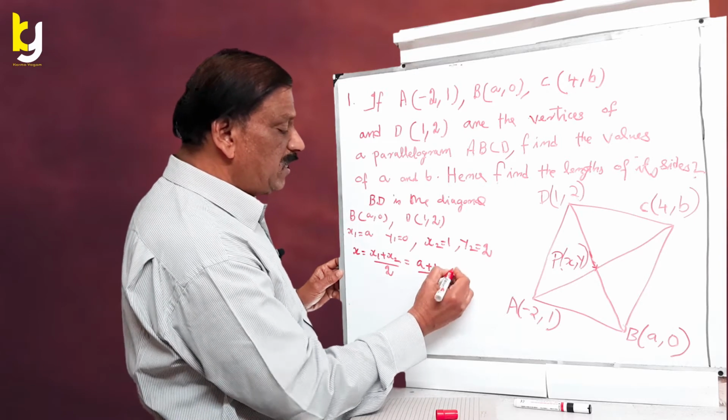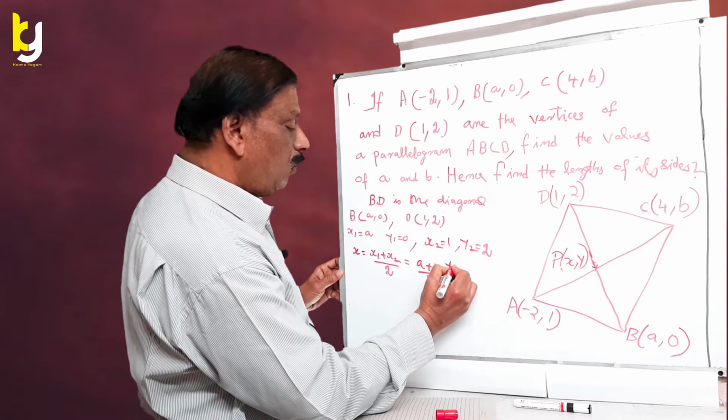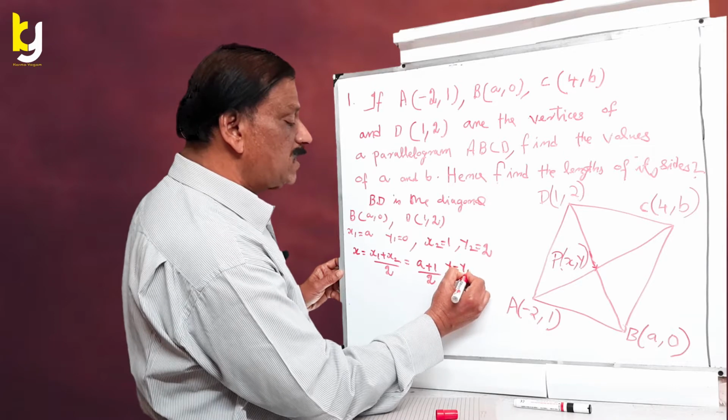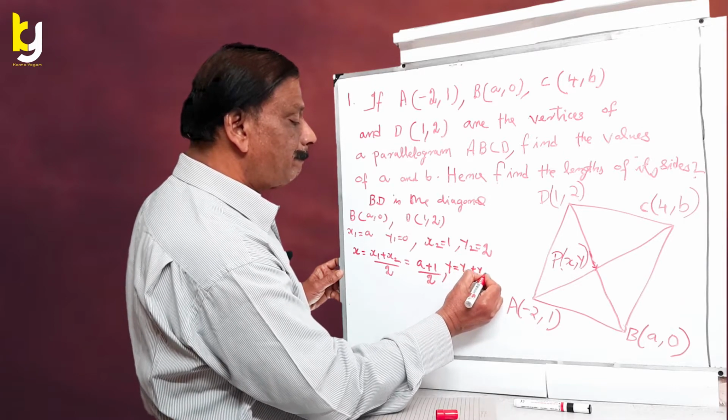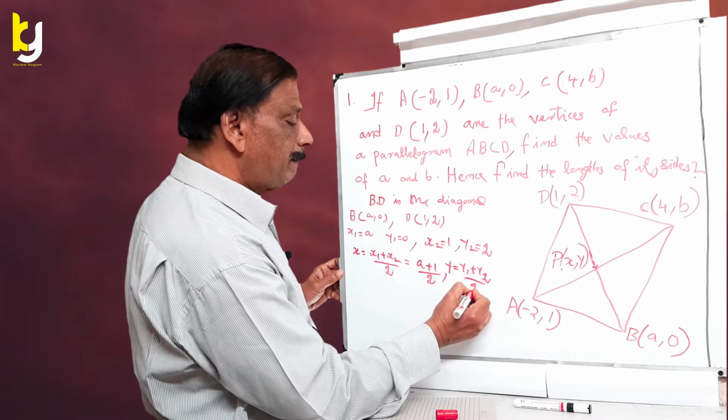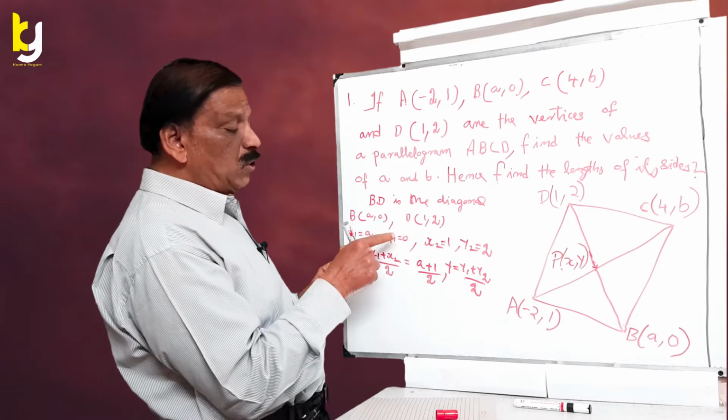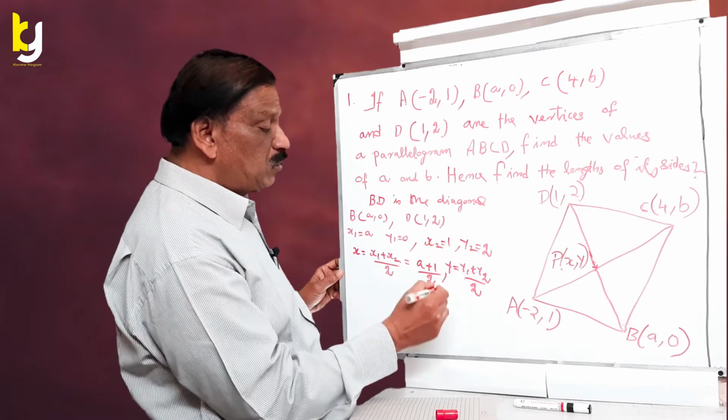And the y coordinate is given by the formula y equals (y1 + y2)/2. y1 is 0, y2 is 2.